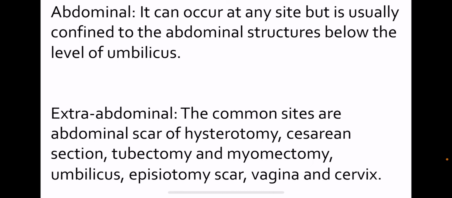Myomectomy, the surgical procedure done for the removal of uterine fibroids. Umbilicus, so endometriosis can occur at the umbilicus. Episiotomy scar, a surgical cut given during childbirth for easy delivery. Vagina and cervix are also extra-abdominal. They are the scars of hysterectomy, tubectomy, myomectomy, episiotomy, caesarean section, umbilicus, vagina and cervix.